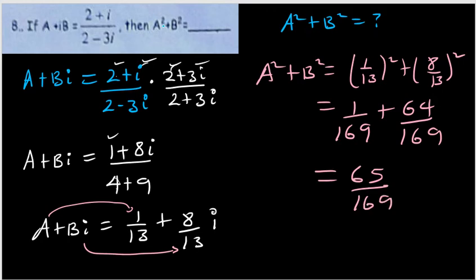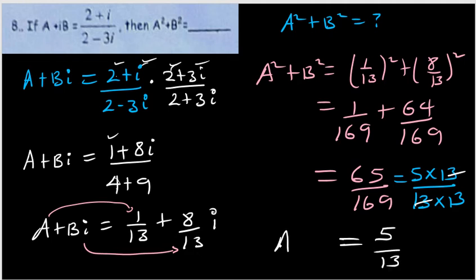This time I can simplify further. 65 is 5 times 13, and the denominator is 13 multiplied by 13. So I can cancel the 13. So finally our answer will be 5 over 13. This is a square plus b square.